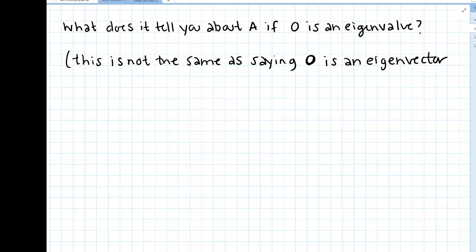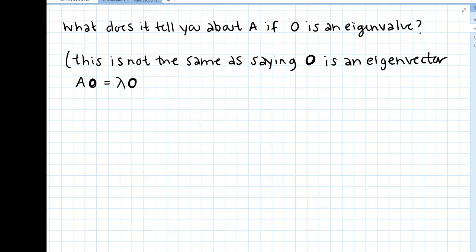What that would mean is that a matrix A times the 0 vector is equal to lambda times the 0 vector. The problem with that, and the reason we don't allow 0 eigenvectors, is that it's always going to be true, right? If you take a matrix A and multiply it by the 0 vector, you get the 0 vector. And any number times the 0 vector is also the 0 vector. So that just isn't interesting.